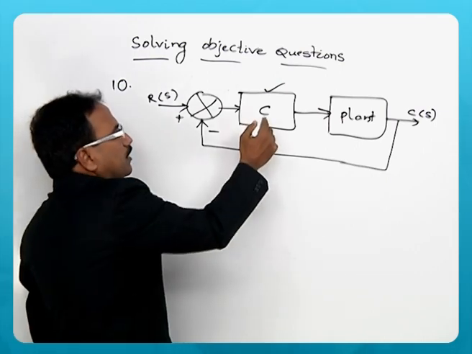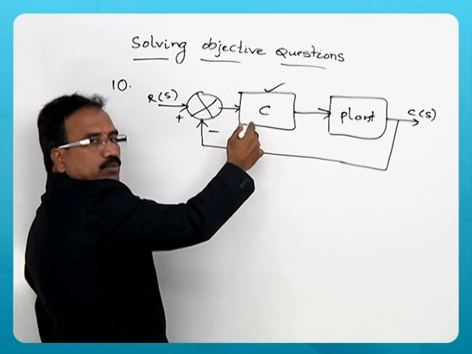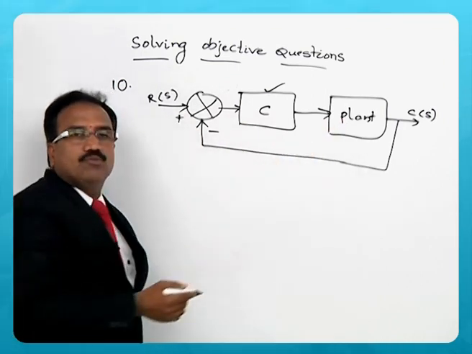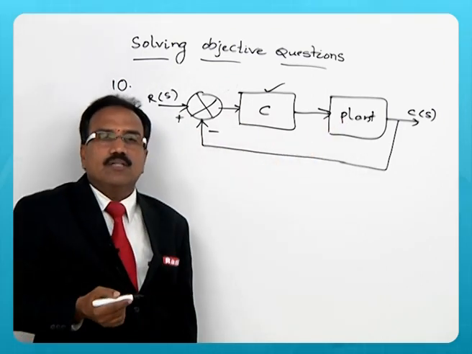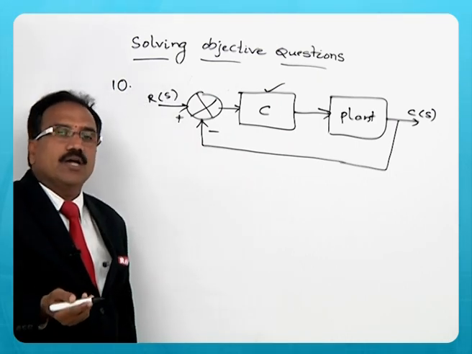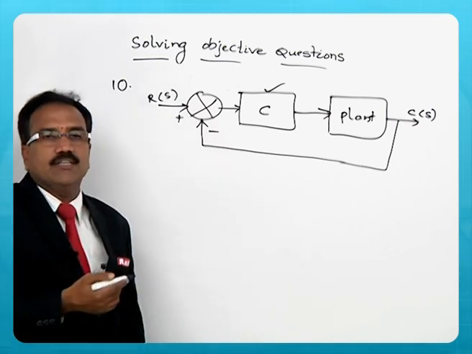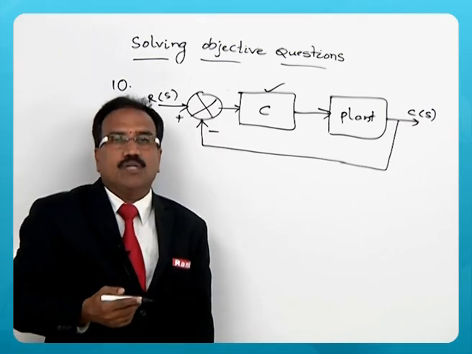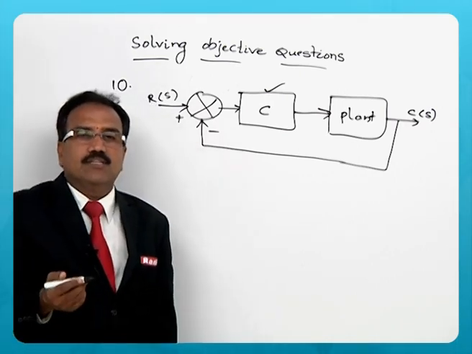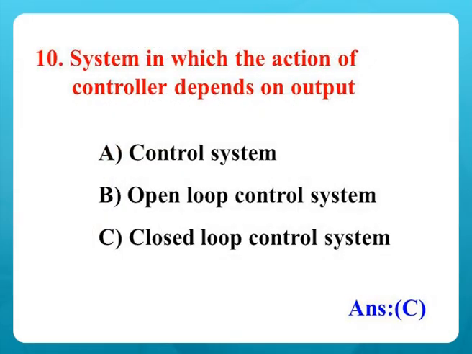That's why it is called closed loop control system or feedback control system. There is a feedback that is actually taken for the measurement of output. So option C is the right answer. It is closed loop control system or feedback control system, option C.